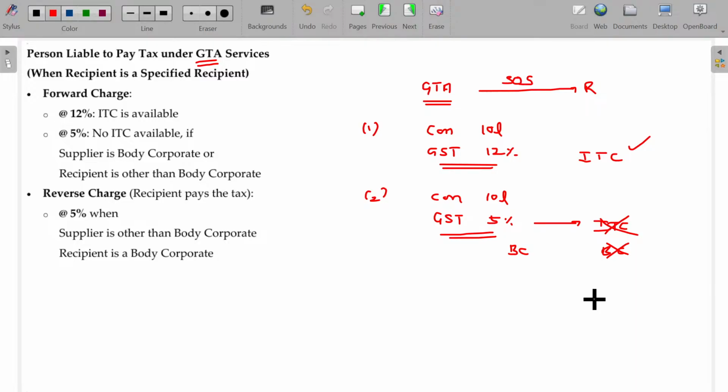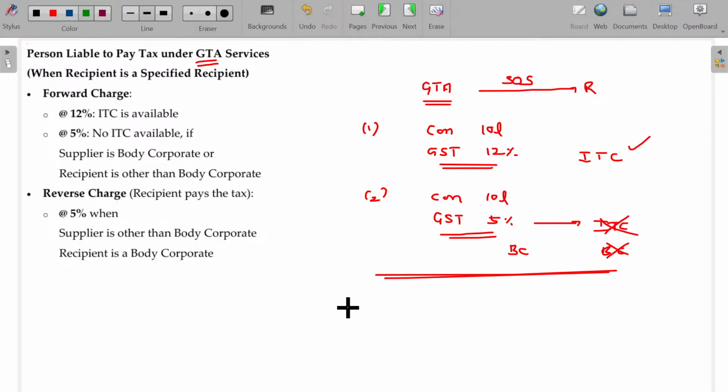If full tax 12% is paid under forward charge, the recipient is eligible to claim the ITC. If the supplier charges only 5% and he is the body corporate, and the recipient is not a body corporate, he will not be eligible for the ITC. ITC credit will not be available. Clear?